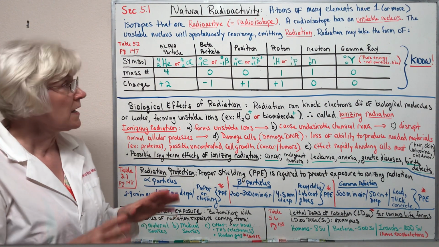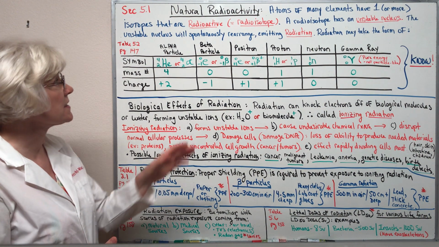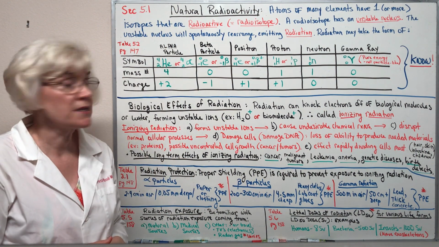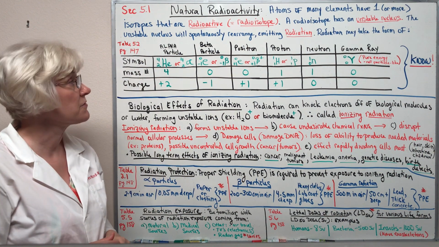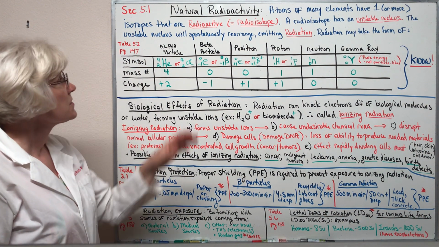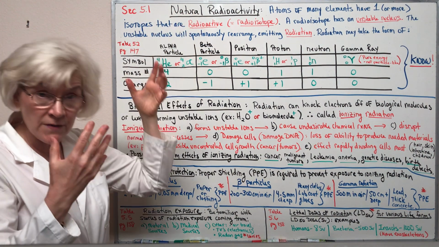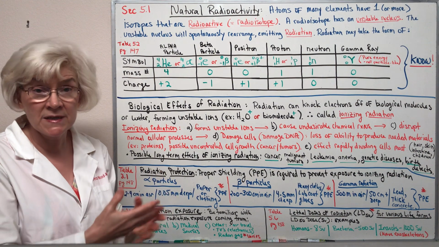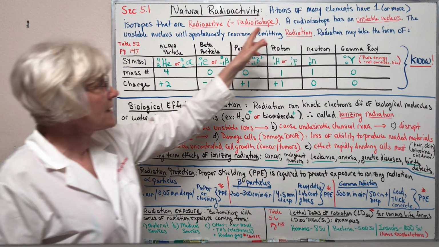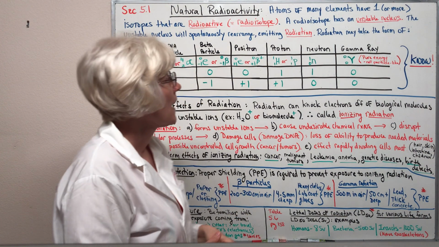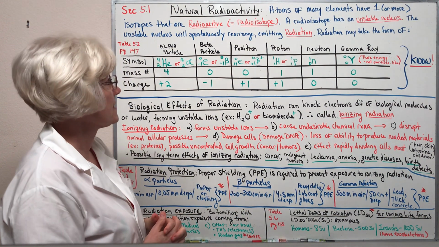In order to understand nuclear changes, nuclear reactions, we first need to introduce the topic of radioactivity. And this information is found in section 5.1. So, radioactivity is found amongst the various isotopes of elements that we've looked at on the periodic table. Atoms of many elements have one or more isotopes that are radioactive.